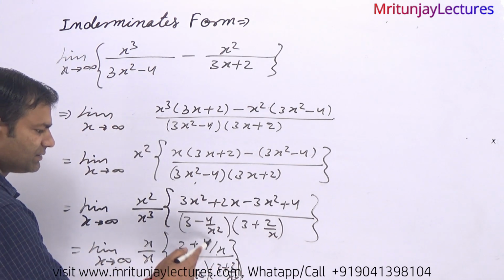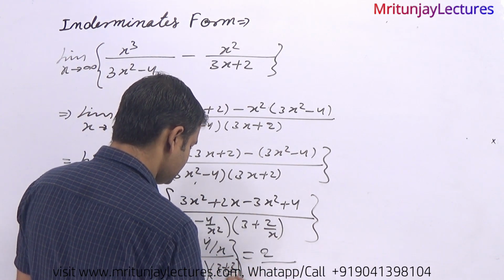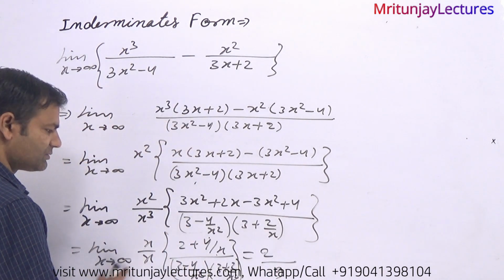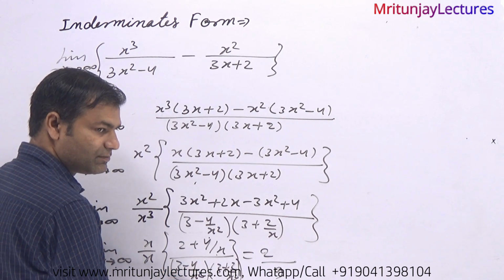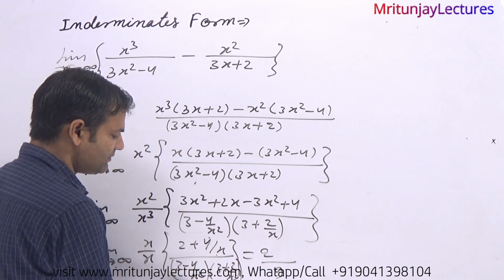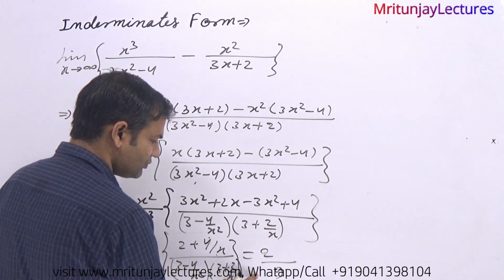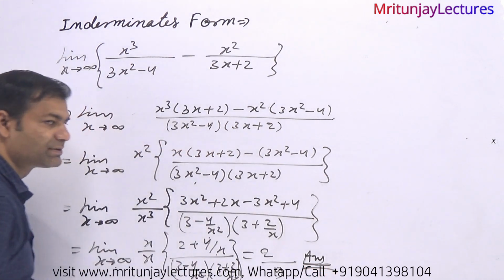If x tends to infinity, we get 2 divided by 9. If we put x tends to infinity, 4 by infinity is 0, and the other 4 by infinity is also 0, so 3 times 3 is 9. So finally we get 2 by 9 as the final answer.